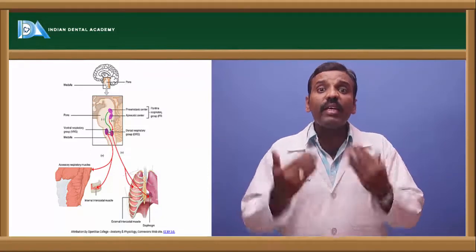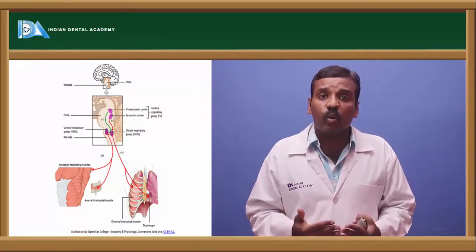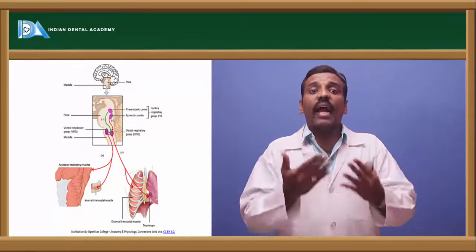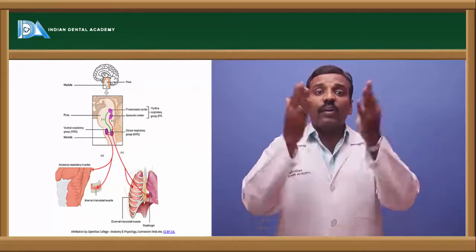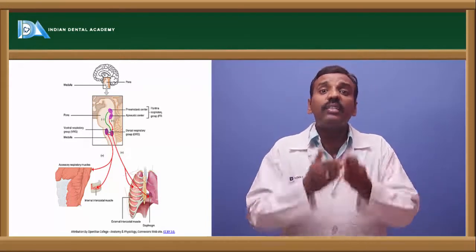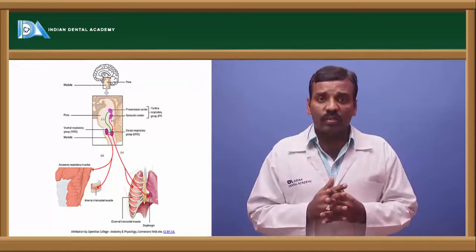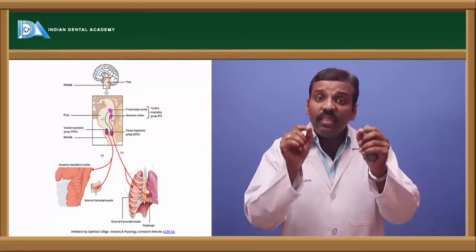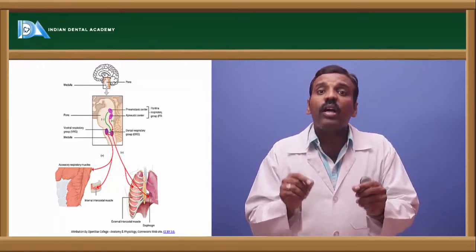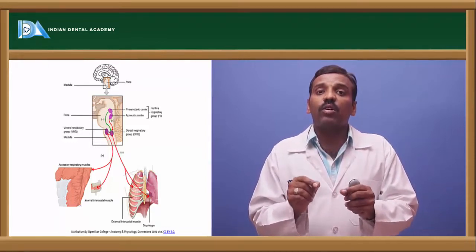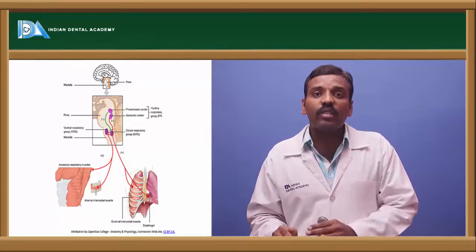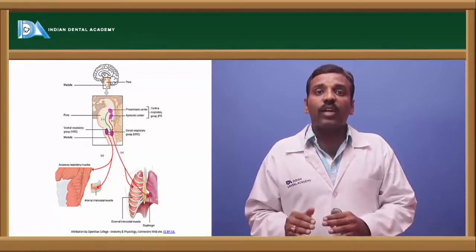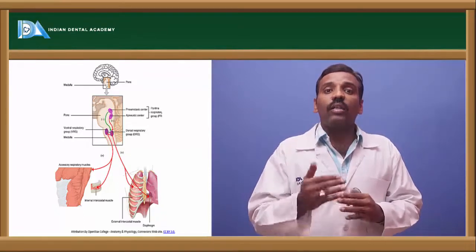When the lung capacity becomes more, there is activation of the apneustic centers. The lungs send information to the apneustic centers, which send impulses to the inspiratory centers, the dorsal group of neurons, and then expiration stops and inspiration starts.